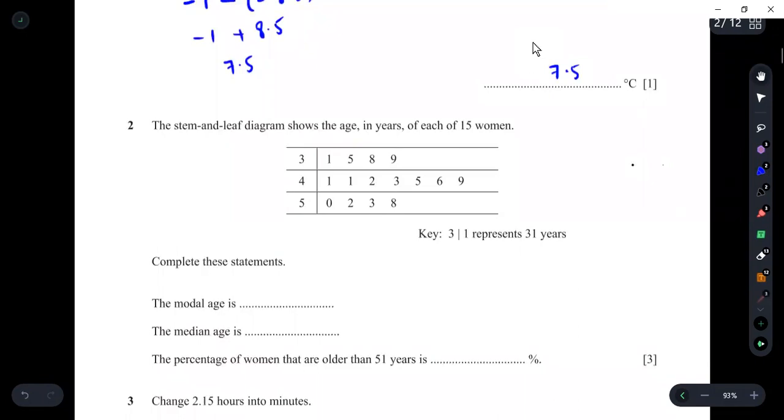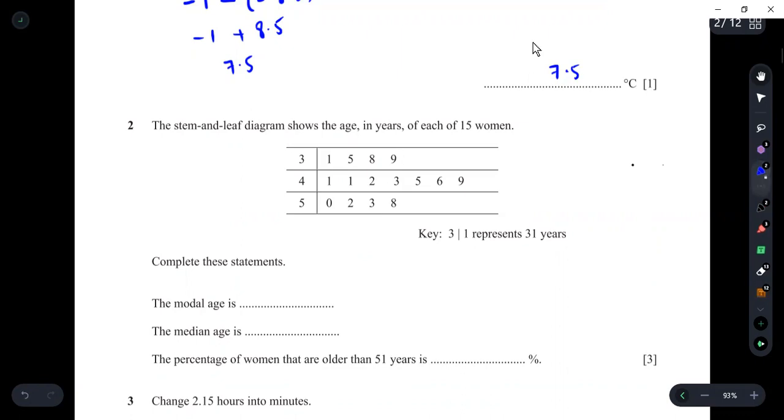Question 2, the stem and leaf diagram shows the age in years of each of 15 women. So we have data of 15 women here, and we are shown the ages of the women. Complete these statements. To understand this stem and leaf diagram, there is a key that must be there along. So we know that 3 | 1 means 31.